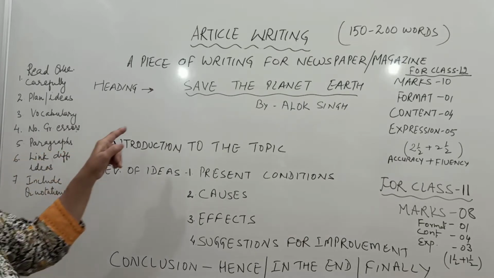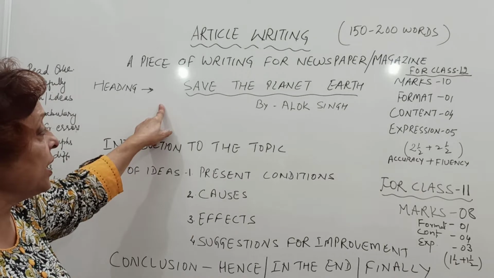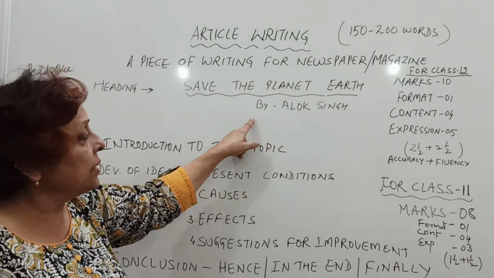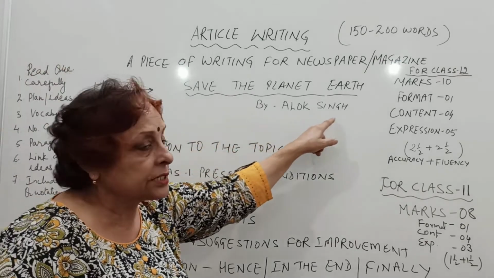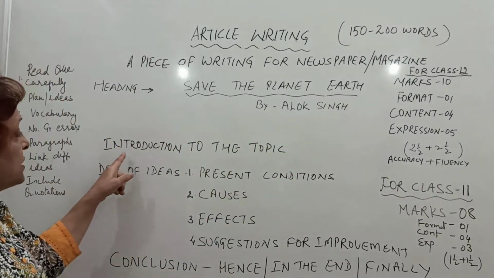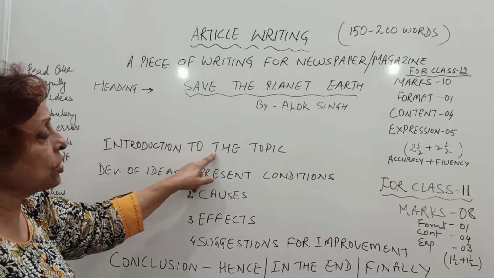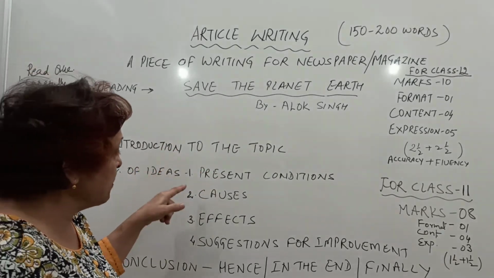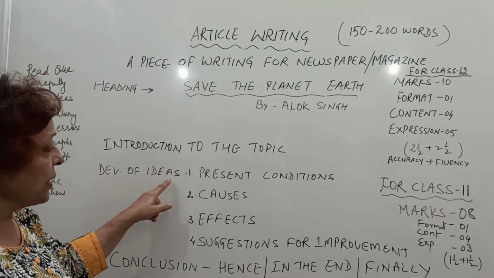Now let us see, in this particular example we have the topic Save the Planet Earth, the article written by Alok Singh. First we will introduce the topic in 1 or 2 lines. After that, we will change the paragraph, development of ideas.